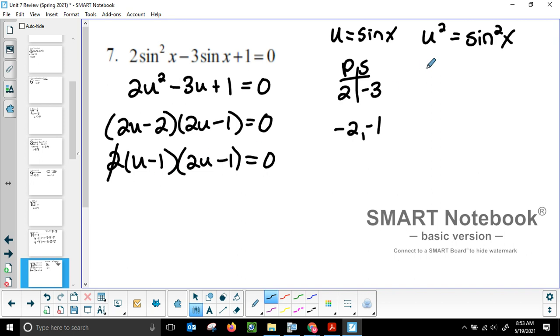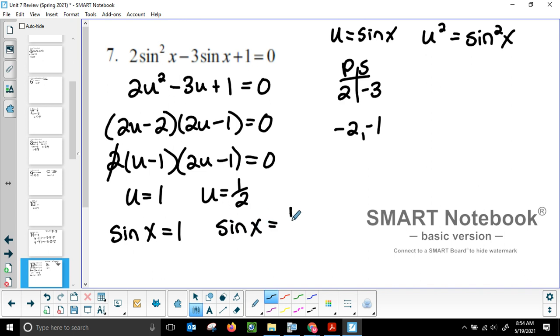You can go ahead and put your sine x back in for the u's now if you want, or you can just go ahead and set each one equal to 0 and solve. So here u would equal 1, and here u would equal 1/2. And then now you could go ahead and substitute in. So sine of x is equal to 1, and sine of x is equal to 1/2.